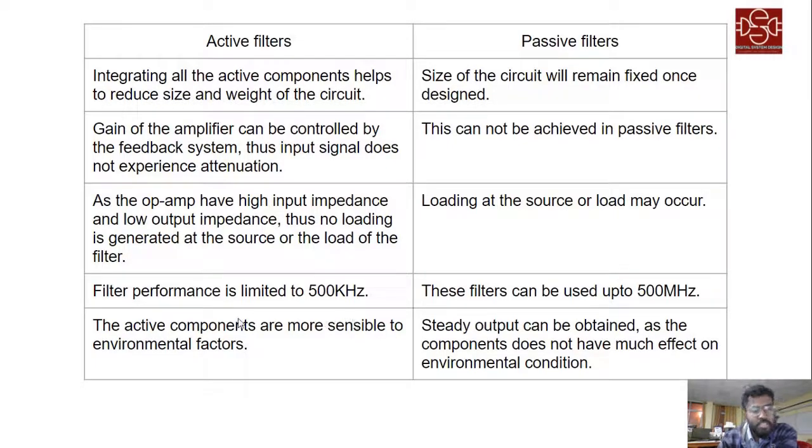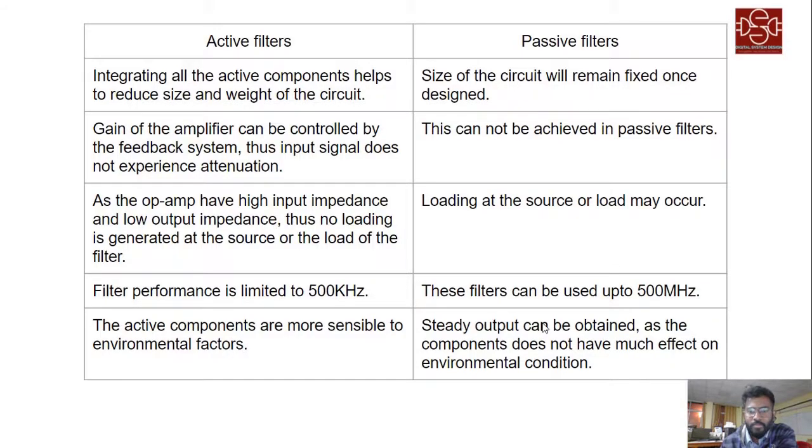Another point is that active components are more sensitive to environmental factors. If we are focusing on electronic applications, passive components are much more environment friendly than active elements. So although these 3 are a few drawbacks of passive filters, these 2 are a huge advantage of passive filters.